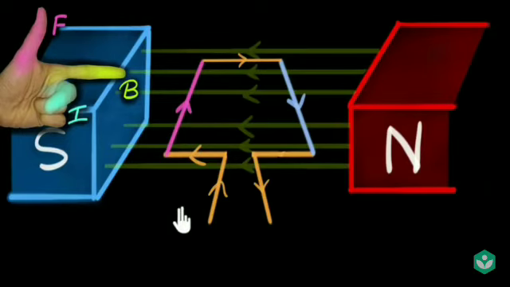Remember FBI: the thumb gives the direction of the force, the forefinger gives the direction of the magnetic field, and the middle finger gives the direction of the current. So to figure out the force on each side, we just align our fingers according to the current and the magnetic field, and the thumb will tell us the direction of the force.